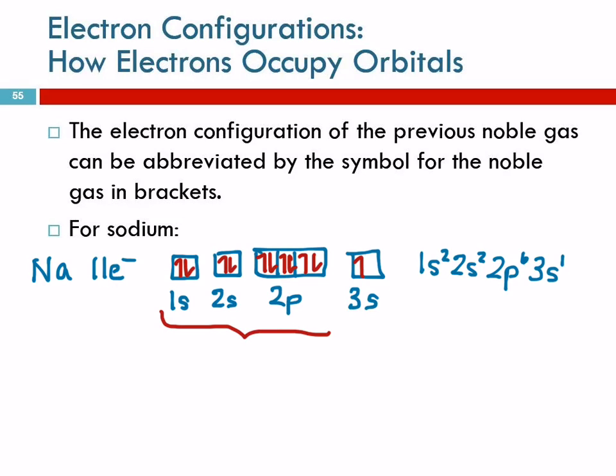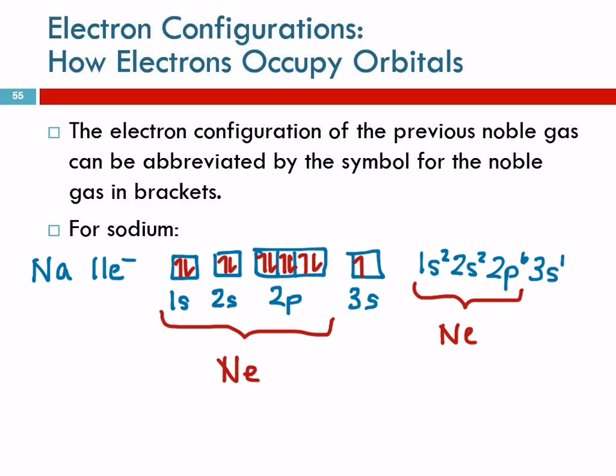What does this one look like? The electron configuration for neon. That's the same as neon. We can think of sodium in terms of the electrons as being neon with one more electron. This part right here is the electron configuration for neon.